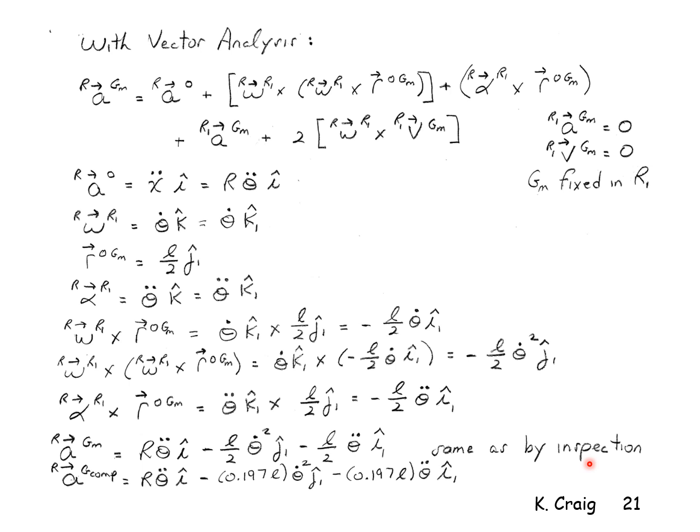Your question then is, why do I need to go through all this vector analysis? Because if you have three-dimensional motion, or if the point that you're interested in is not fixed in that R1 reference frame, in this case, suppose I had a slot in that bar that's attached to the disk, and in the slot I had a mass that would slide within that slot, perhaps attached to a spring, then that point P would not be stationary with respect to that moving reference frame, the bar reference frame, and vector analysis would be needed to perform that analysis, even though that's only plane motion.